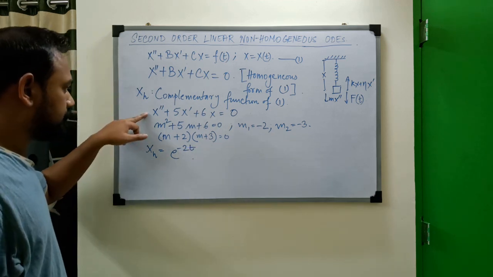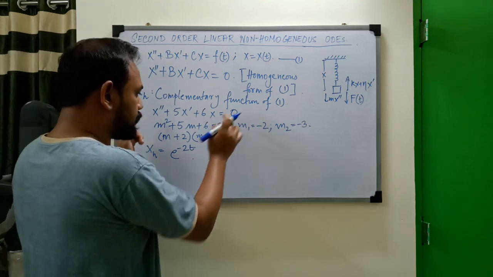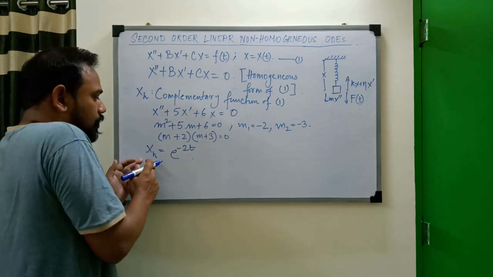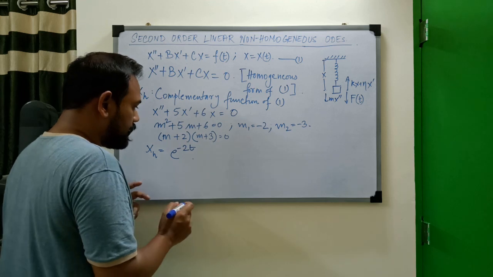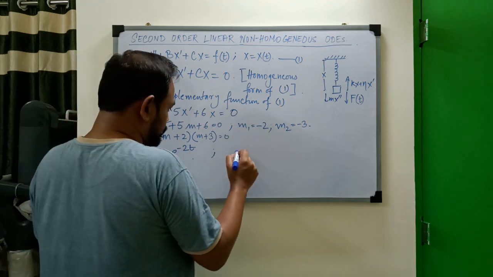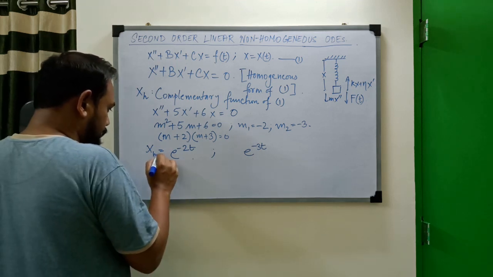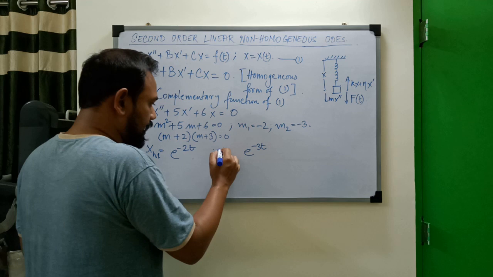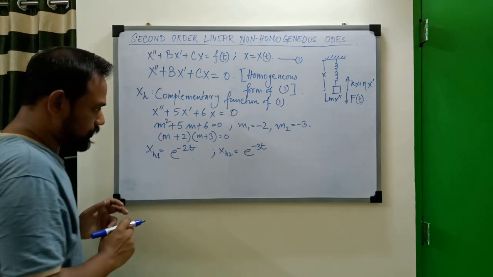If you put it in, and you can refer to the previous videos where we had solved homogeneous differential equations, this would be a solution for this. So that's why I'm calling it xh, because it's a solution of the homogeneous form. You can have another one, e to the power minus 3t. This is another solution. If you want, you can call it xh1, which is one of the solutions, and xh2, which is another solution of the homogeneous form.